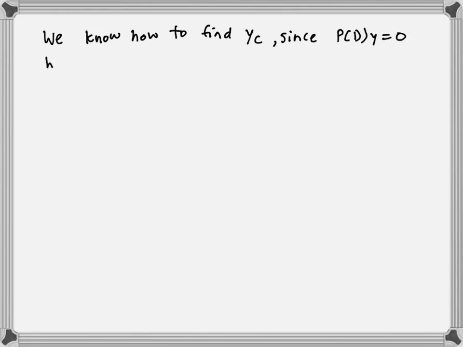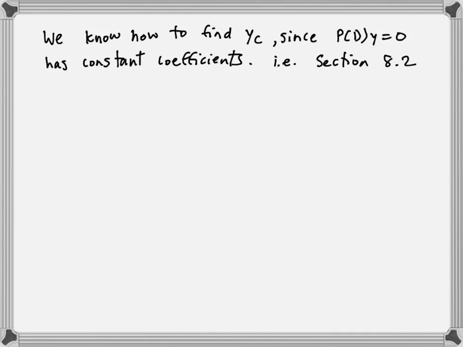So let's move on here. We know how to find yc since, remember, P of D y equals 0 has constant coefficients, i.e., we learned how to do this in section 8.2.